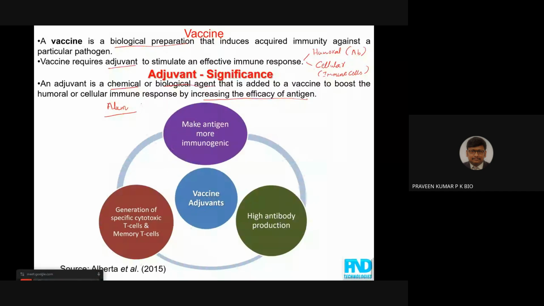But nowadays, to reduce the accumulation of inorganic compounds in our body and body fluids, we are using biological adjuvants. The biological adjuvants can be protein molecules or plant molecules, or it can be the cells themselves.